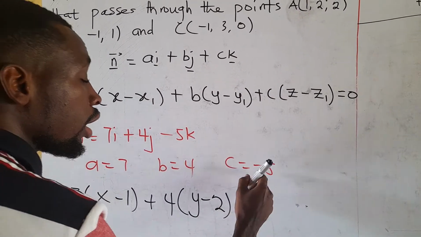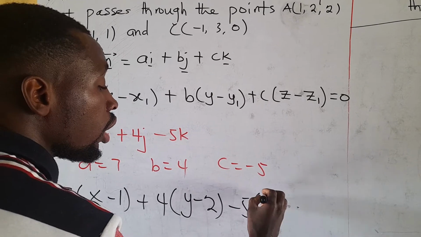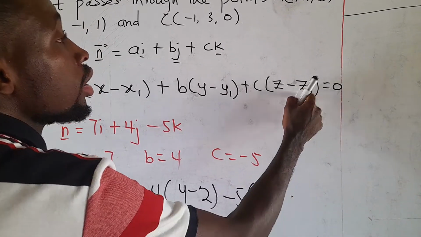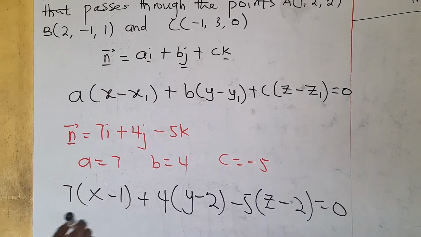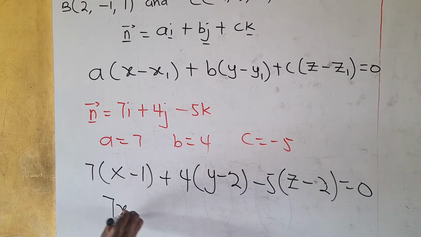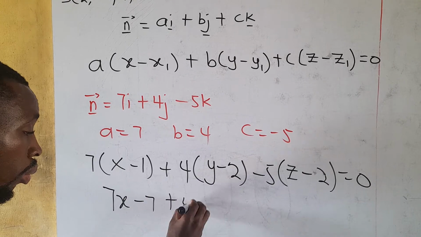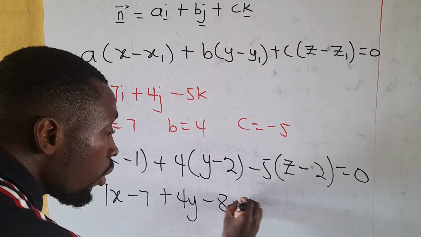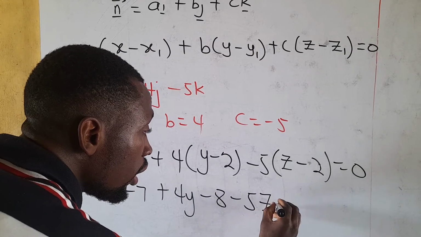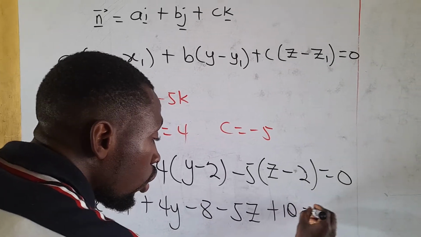Then c is negative, so minus 5, z minus the same, equal to 0. So when we expand, we get 7x minus 7 plus 4y minus 8 minus 5z plus 10 equal to 0.